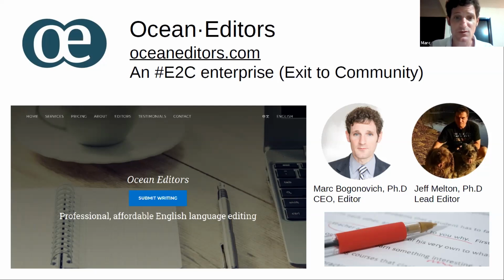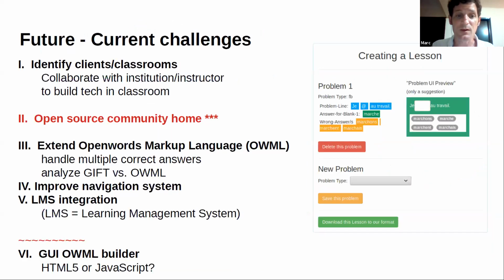In our case, we're going to exit Ocean Editors as a worker cooperative, and all of the insights that we develop there will be back applied to Openwords. So the tentative objective for Openwords is to also exit that as a worker cooperative. So it would be a company democratically controlled by those who contribute to it, essentially. And so that's the main lesson there.